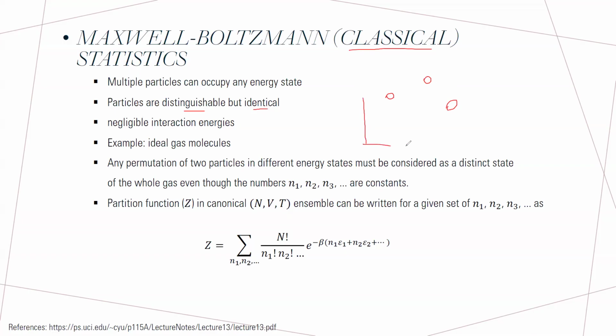However, in Cartesian coordinates or any coordinate system, they are at different locations. That's why we say these particles are distinguishable. So this one is at R1, this one is at R2, and this one is at R3.